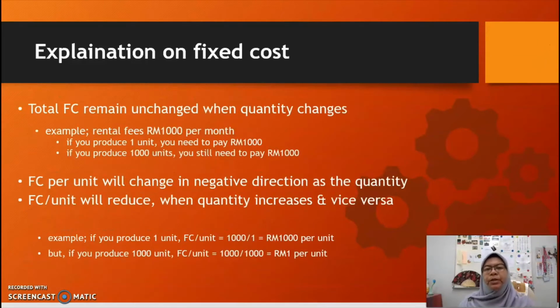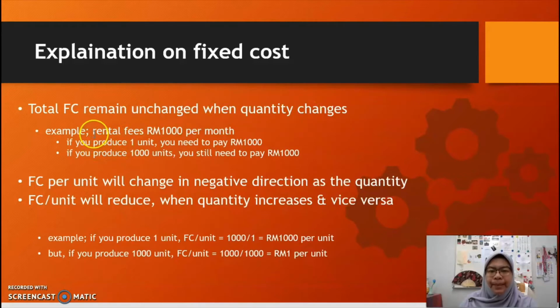Now, explanation on the fixed costs. Just now I mentioned that you need to be careful whether you're talking about the total fixed cost or the fixed cost per unit. So total fixed costs remain unchanged when quantity changes.